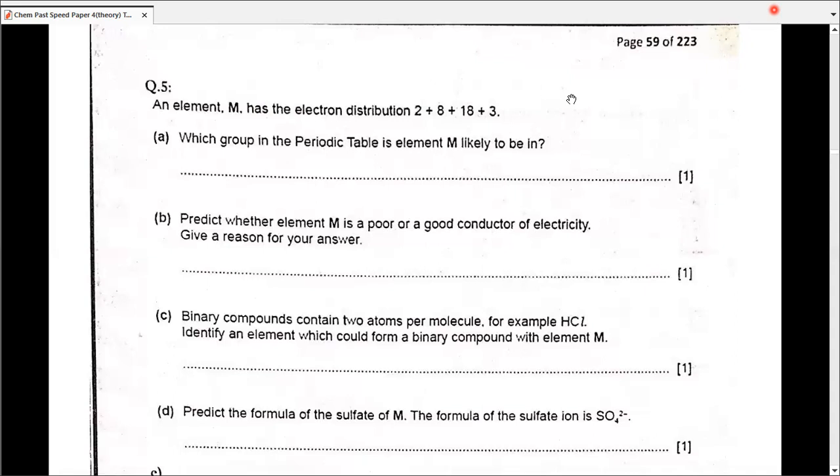Which group in the periodic table is element M likely to be in? Group 3.